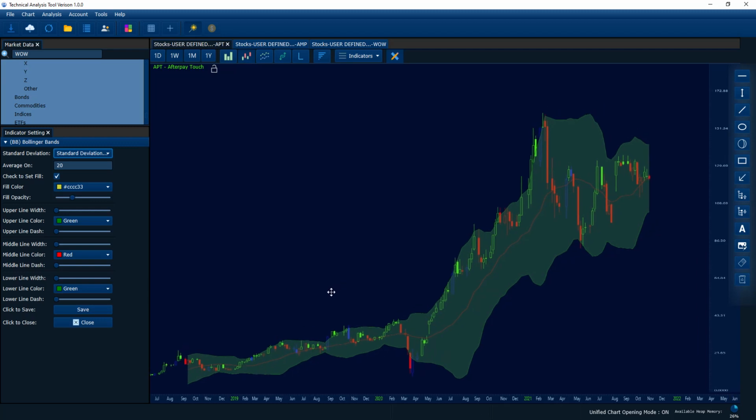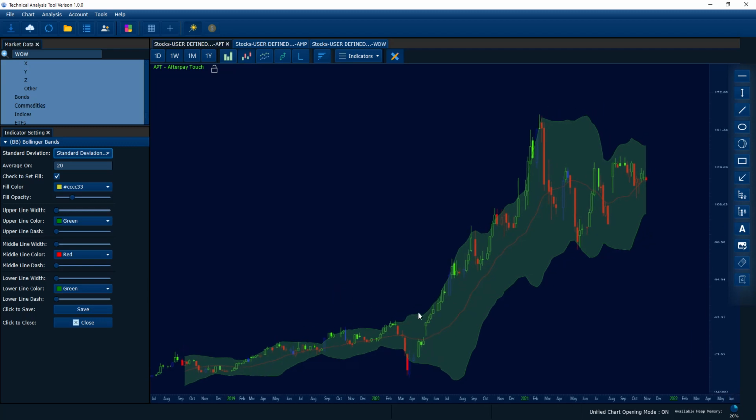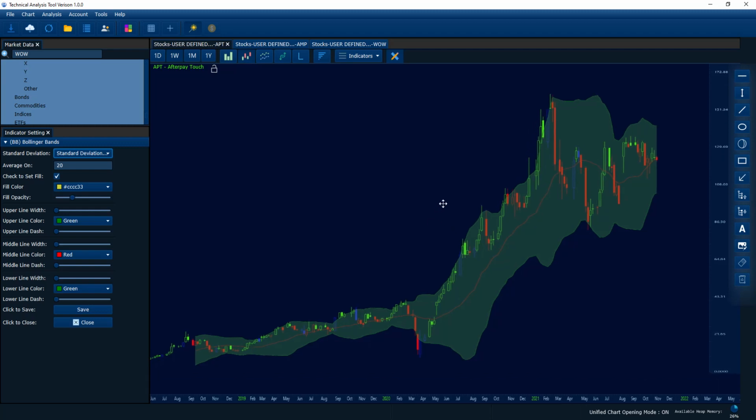Yes, you can generate more overbought signals right here, as you can see, but it's up to the trader who wants to use these overbought scenarios to actually do a short or sell or profit taking, etc.